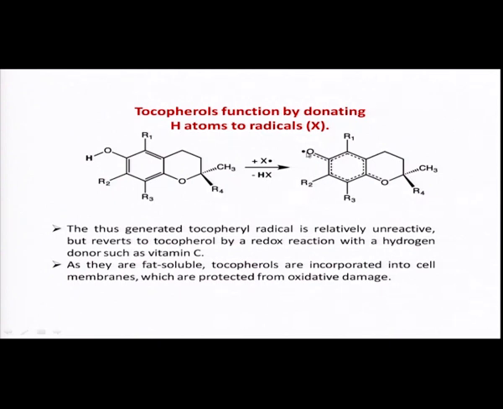So this free radical would be far less reactive than the earlier free radical. This is what we call the tocopheryl radical. Because of the presence of the benzene ring, this radical is relatively unreactive, or least reactive.